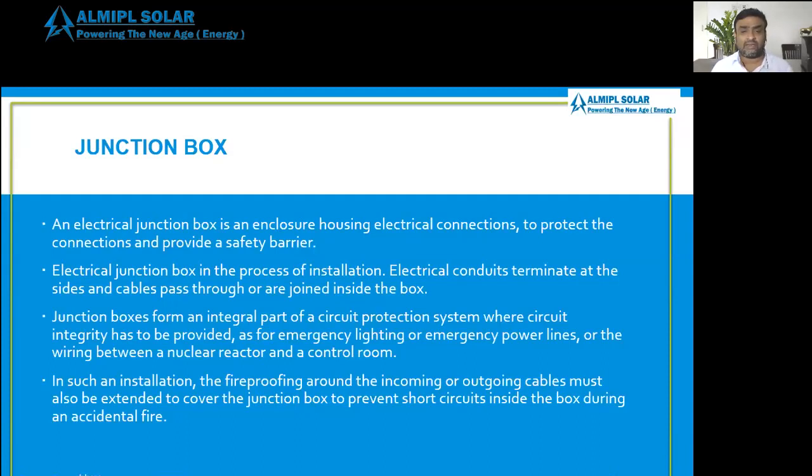Junction boxes form an integral part of the circuit protection system where circuit integrity has to be provided, as for emergency lighting or emergency power lines or the wiring between the nuclear reactor and control rooms. In such installations, the fireproofing around the incoming or outgoing cable must also be extended to cover the junction box to prevent short circuit inside the box during accidental fire.